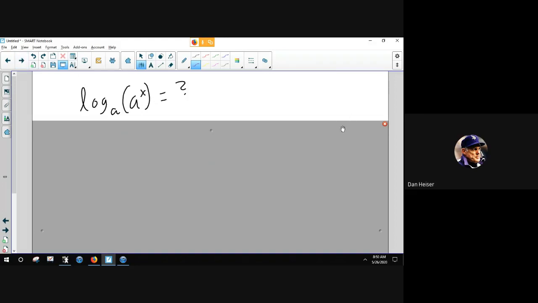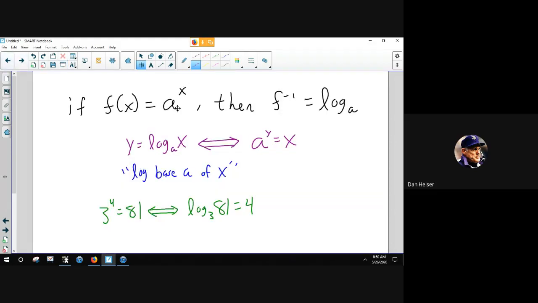What's the log base A of A to the x? Well, I'm going to write that in my other form. The best way to deal with this is to write it as an exponential. Let me go back here for a moment.